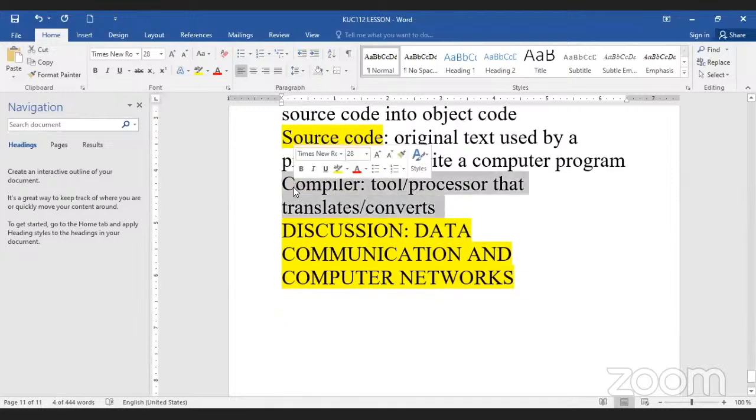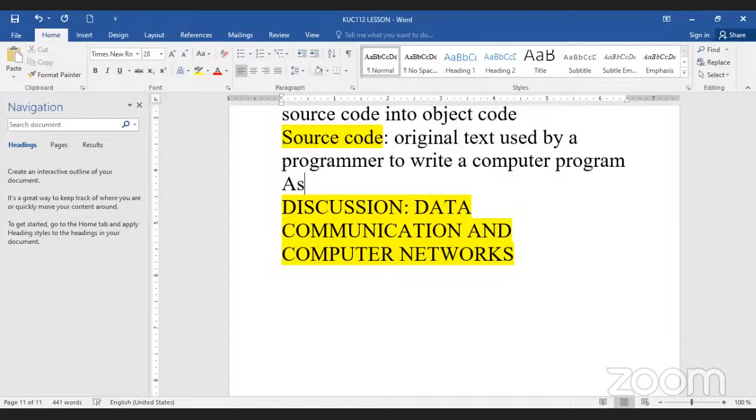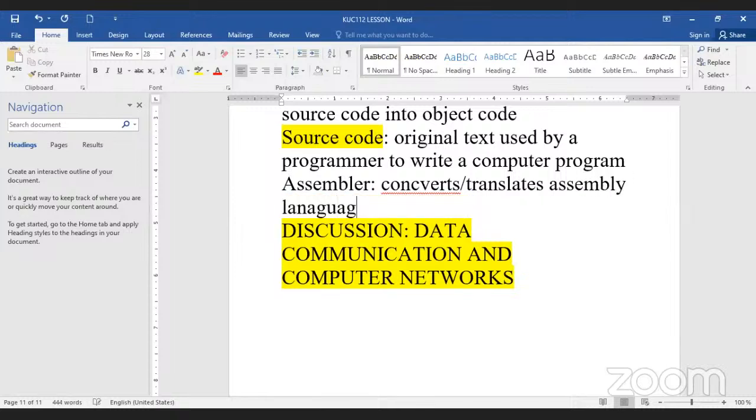Let us define what an assembler is. Remember, we mentioned somewhere assembly language. An assembler converts, translates, assembly language into machine language.